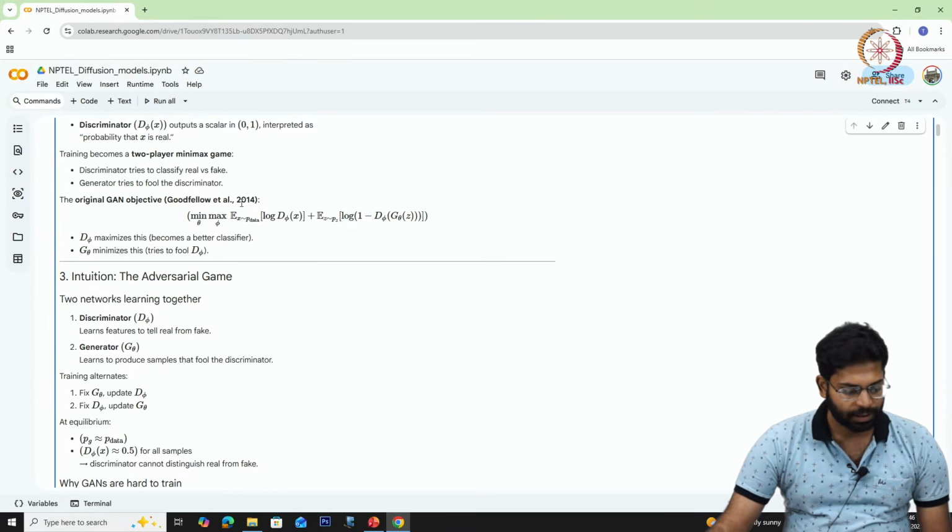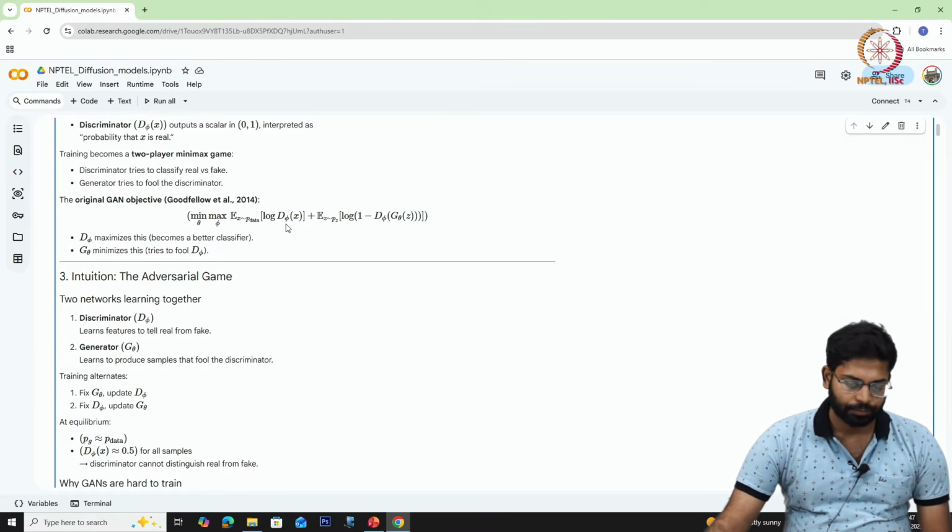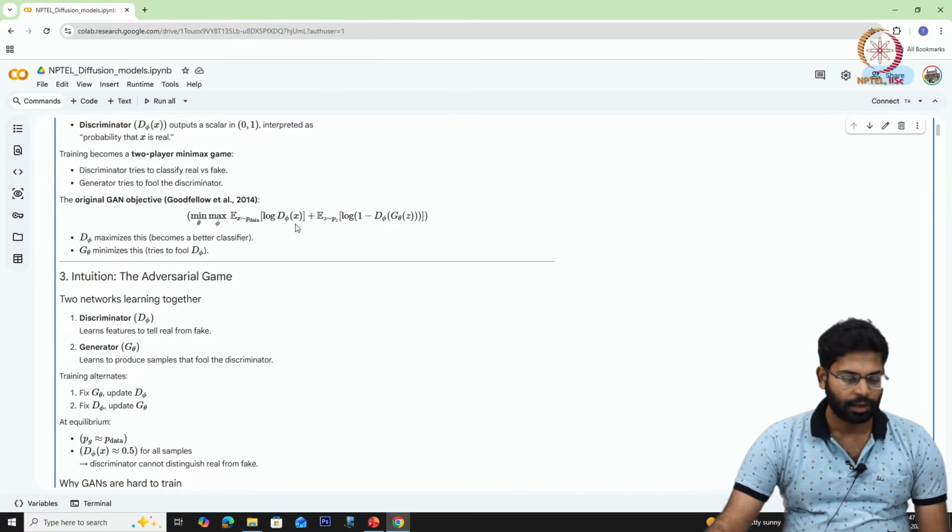This is the original GAN objective as mentioned in the actual Goodfellow et al. GAN paper. It is a min-max game where the generator is generating some image and the discriminator is failing to classify real versus fake.